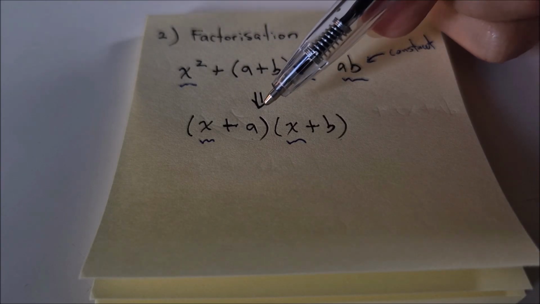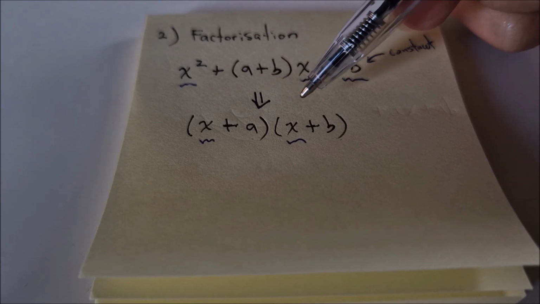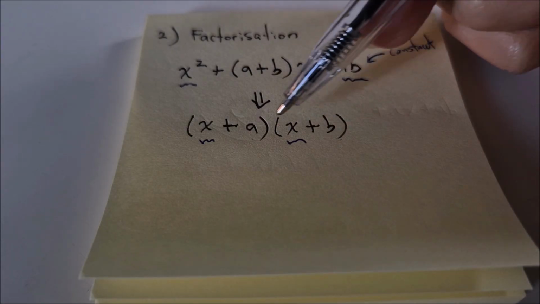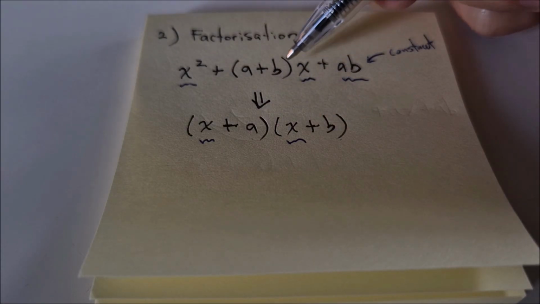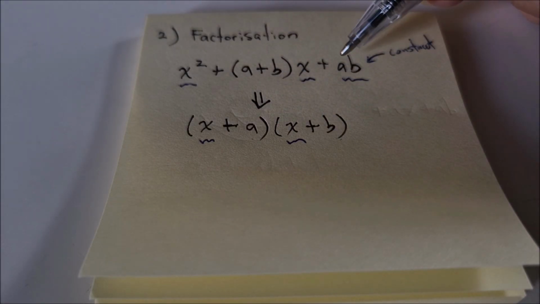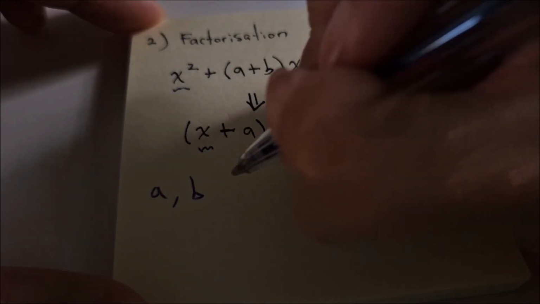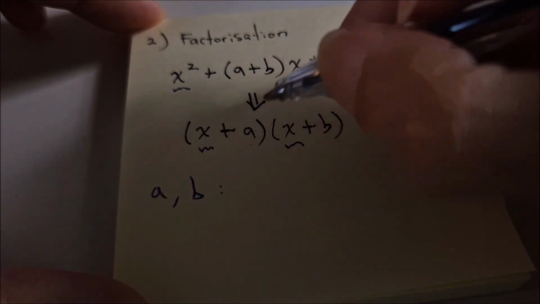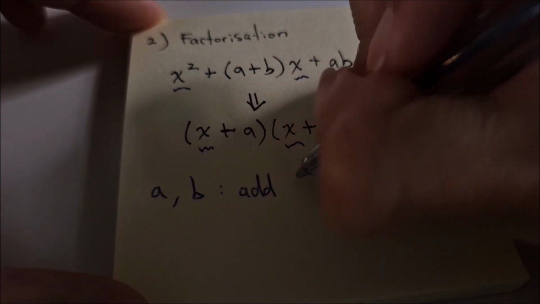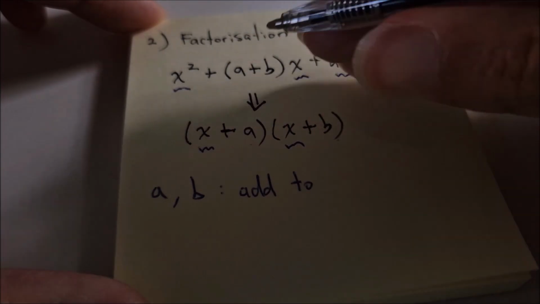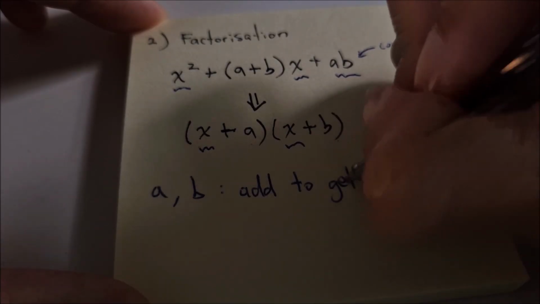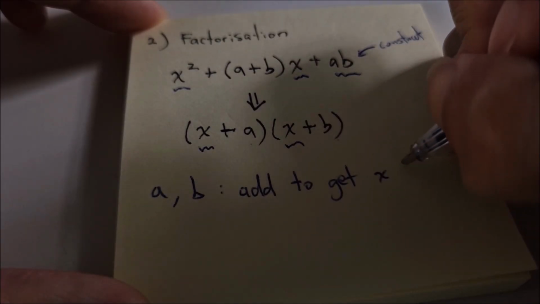So whenever you want to factorize something like this with x squared, an x, and a constant, immediately know that the two terms in these brackets will have to add to get the middle term, then they have to multiply to get this term. A and b have to add to get the x term.